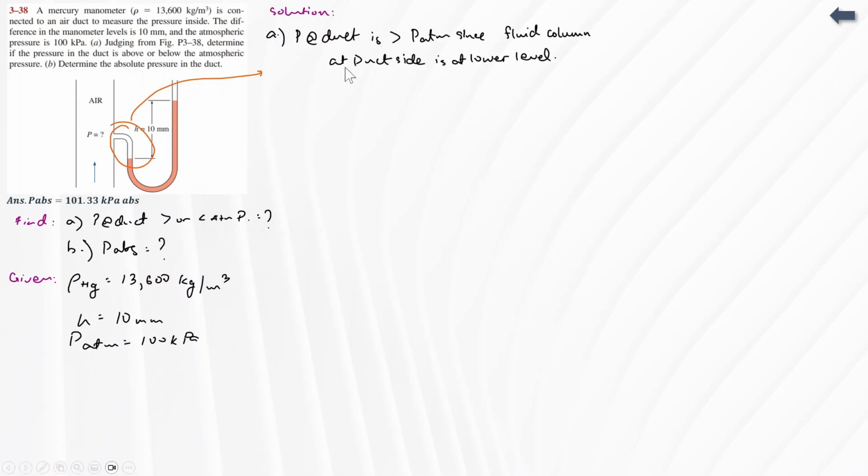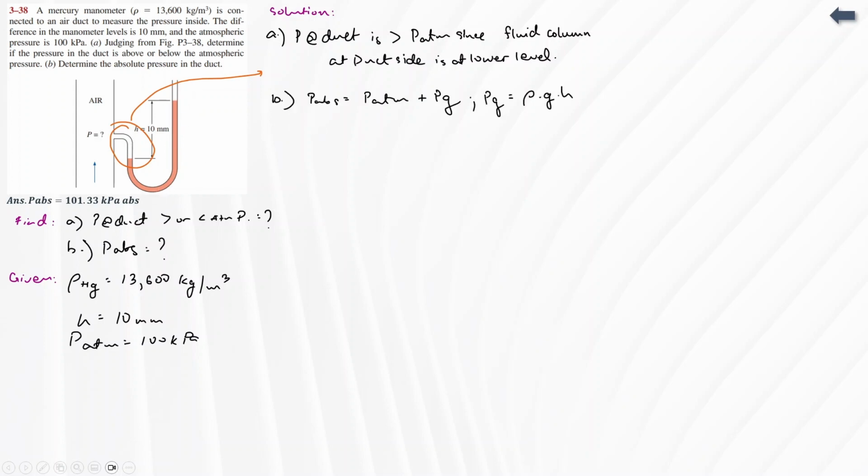So the pressure at the duct is greater than the atmospheric pressure since the fluid column at the duct side is at a lower level. If it's equal here, it's probably almost equal to the atmospheric pressure. If it's less than, the fluid should spill over, since the atmospheric pressure would be pushing the fluid all the way here.